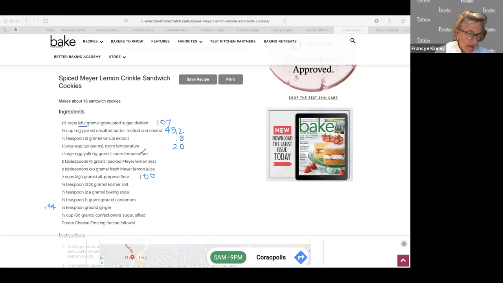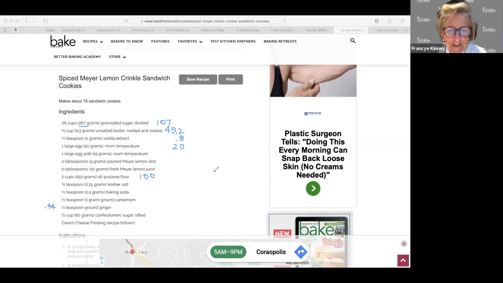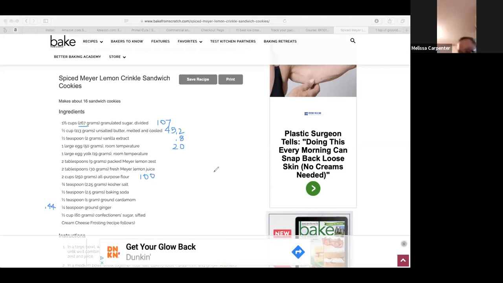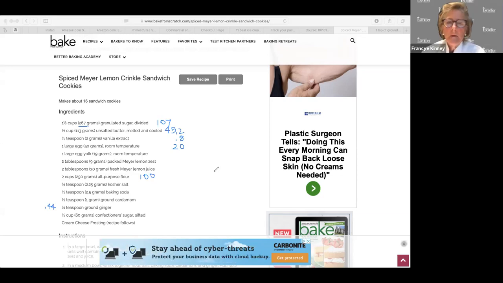Okay, we're going to take 19 and divide it by 250. I do things longhand. I'm sorry, what were you saying? I write everything out longhand, so I'm trying to write all the ingredients down and the formula to get the percentages and do the math all at the same time. I'm just a little behind. Okay. That's it.